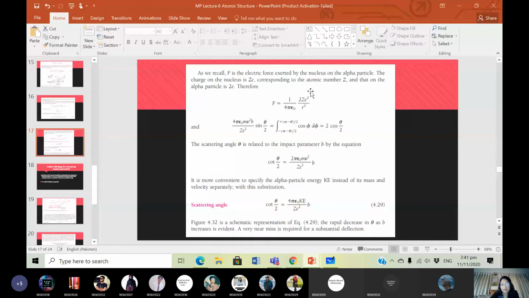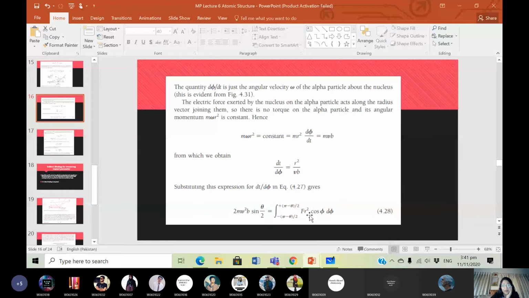Because we said that it has lost 2 electrons. And this is the force, divided by 4 pi epsilon 0 r squared. So this is the electric force exerted by the nucleus on the alpha particle. When we substitute this equation in here, what will we get now?